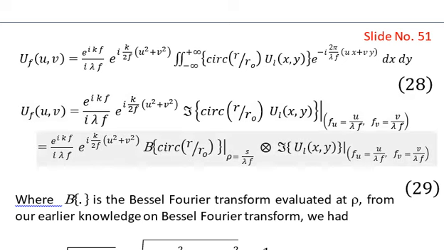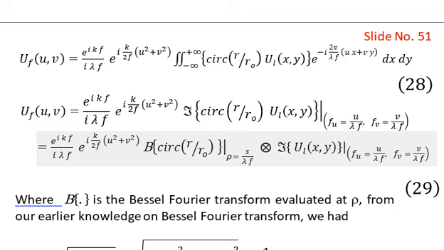Now the Fourier transform of the circ function will be convolved with the Fourier transform of the input field, which is ul of x,y. We have applied the convolution theorem in the second step in equation number 29.